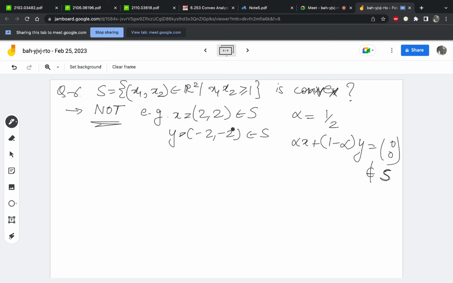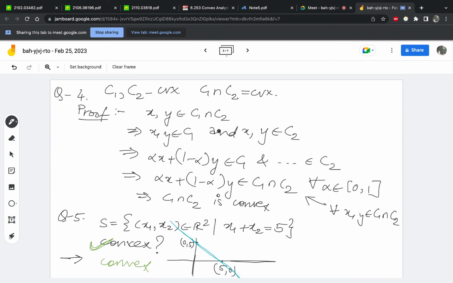So whenever I say something is not convex, I need to give a counterexample. When I say something is convex, I need to be able to prove that for any given points, the convex combination lies in that set. For example, here, although I did not do it in question 5, you take two points a1 a2 and b1 b2, take a convex combination of these, and show that the resultant point also satisfies this equation.